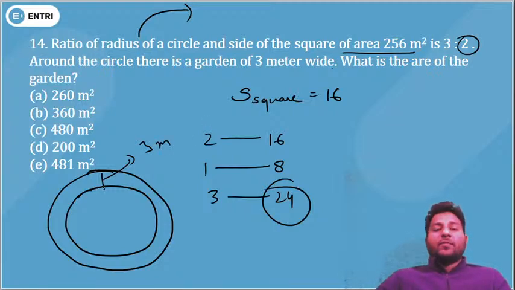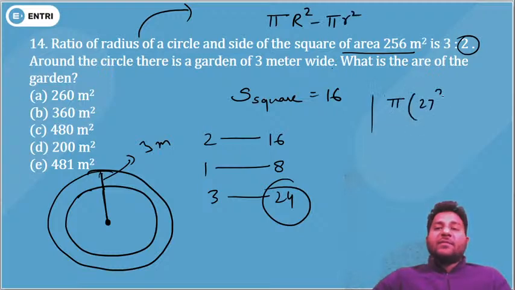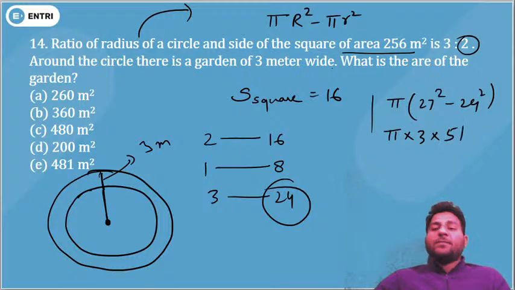So how are you going to find it out? You know that from the larger circle you will have to subtract the smaller circle. Let's use this method. Come on guys, I want all of you to solve this question. Look, pi r square minus pi r square, which means pi 27 square minus 24 square. So clearly pi into 3 into what? 51.